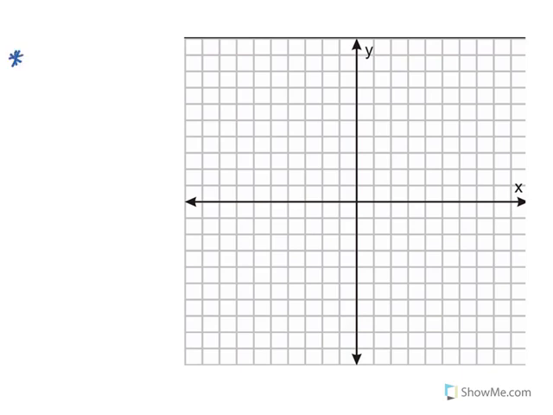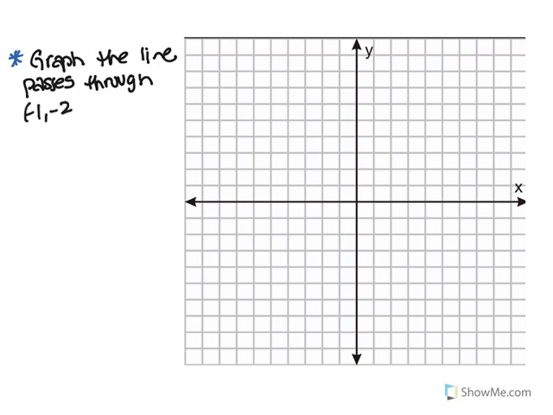Also, I could say graph the line that passes through -1, -2 and has a slope of -1/3.